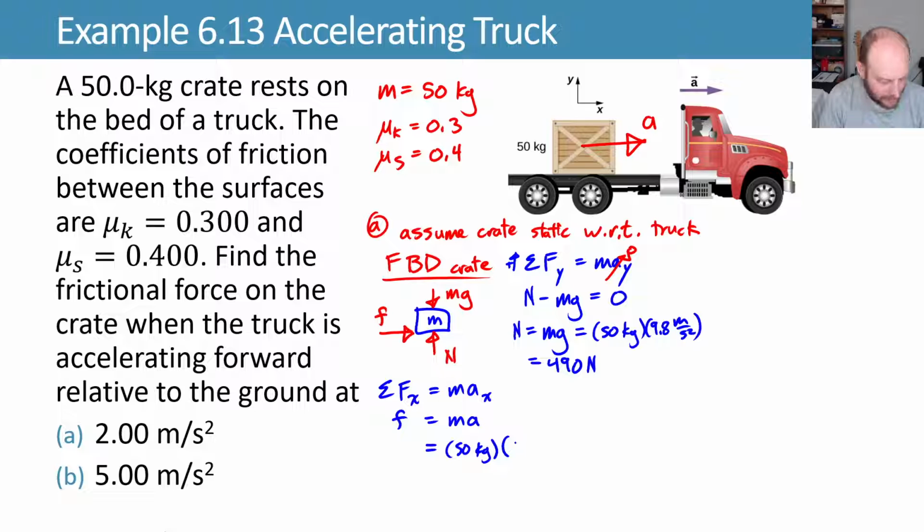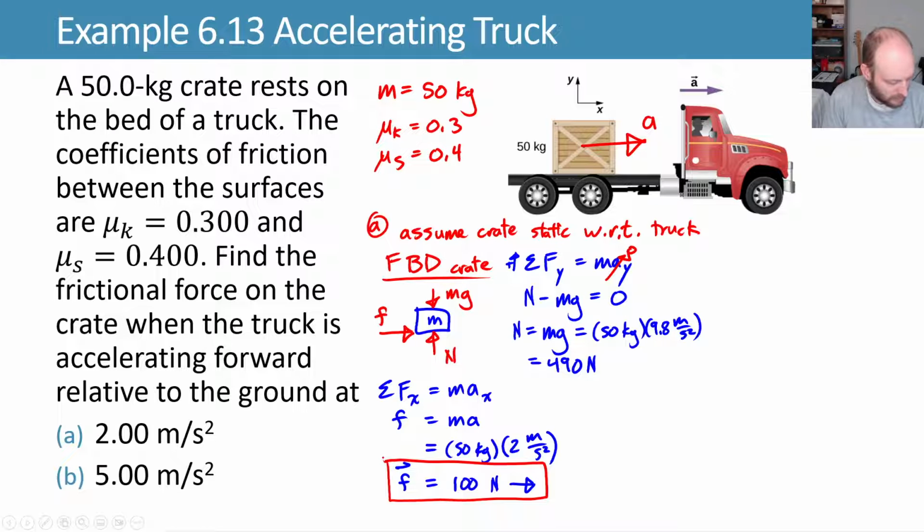Assuming that it's accelerating with the truck, that's going to be 2 meters per second squared, which gives us 100 newtons worth of force. So the force of friction has to be 100 newtons. So what's the frictional force on the crate? Well, this says it has to be 100 newtons for it to accelerate with the truck and not slide on the truck.